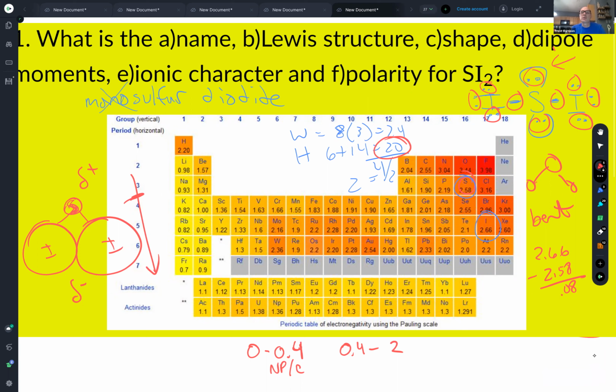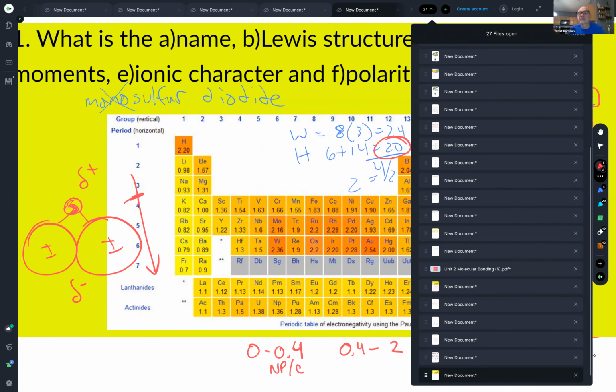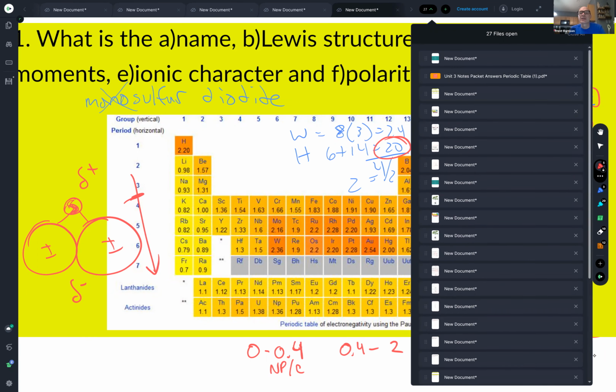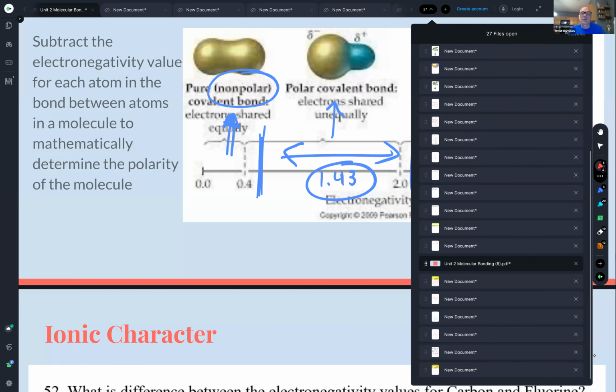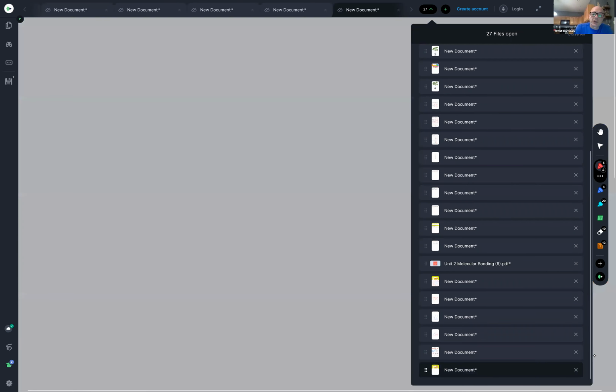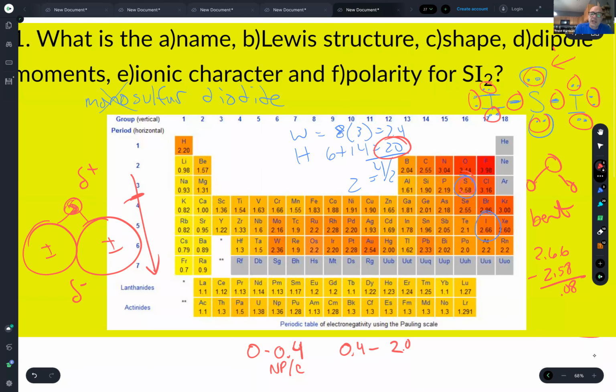Let me verify what those notes actually state so that I am consistent here. So in the notes, we have 2.0. That is correct. So 0.4 to 2.0, and that is going to be polar covalent.